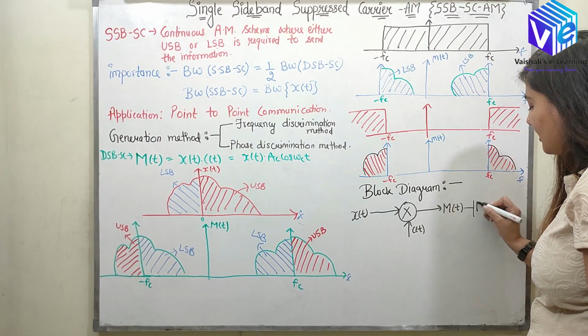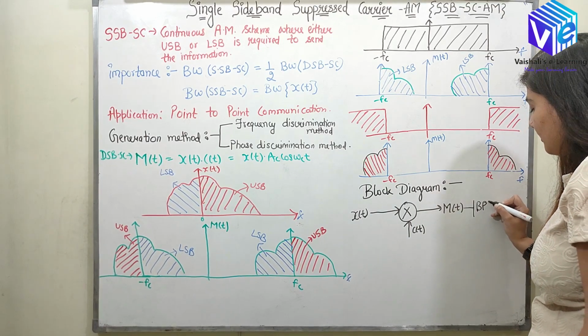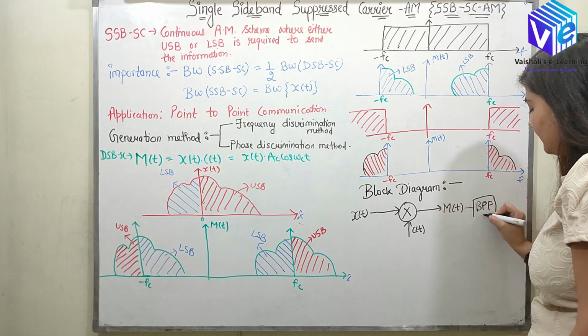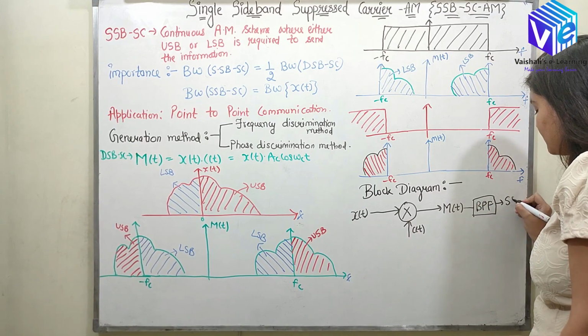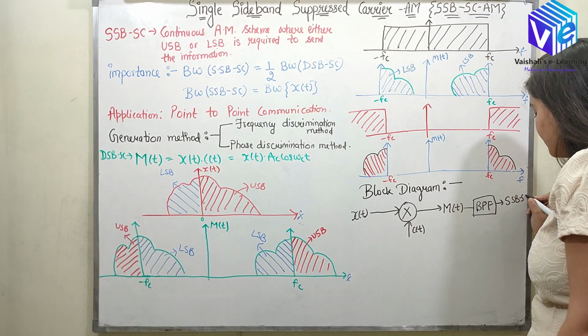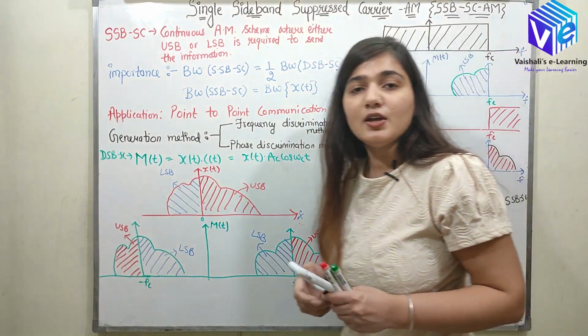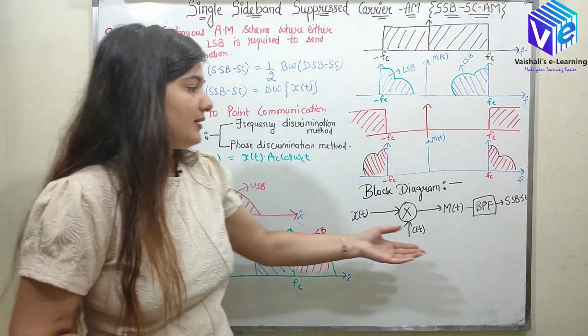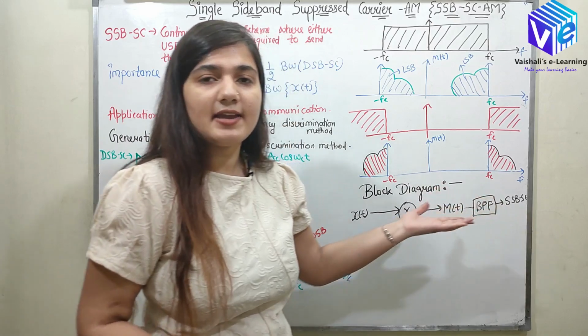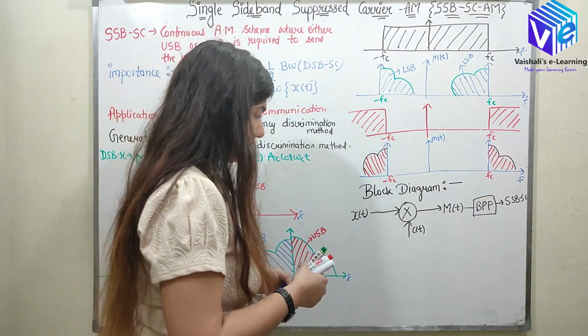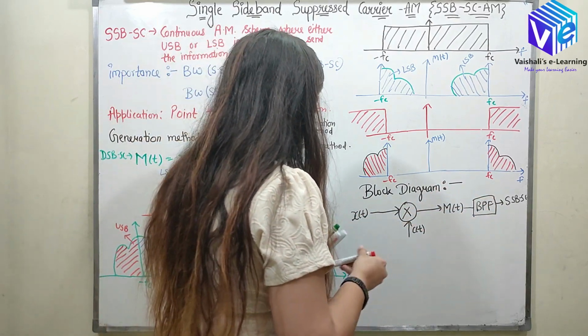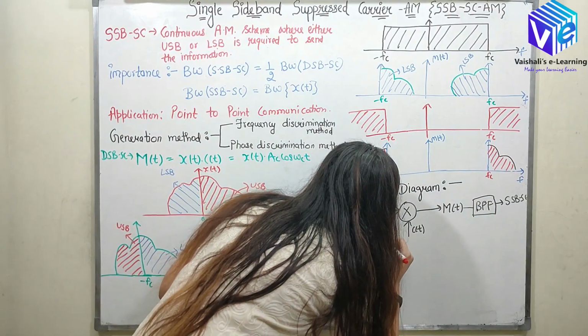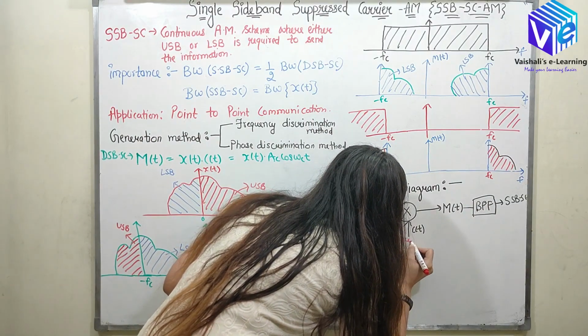Now I'll pass a band pass filter and the output would be single sideband suppressed carrier signal. So this is how I can get the single sideband suppressed carrier type of amplitude modulation. So now I discuss the frequency discrimination method.